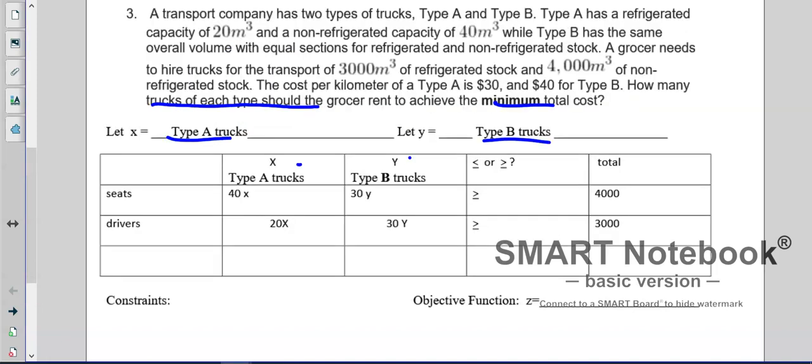All right, I just realized there was a mistake when I was changing problems. Sorry. This should say refrigerated, and this should say non-refrigerated. I apologize. I probably have already told you in class. But basically it says type A has refrigerated capacity of 20 and non-refrigerated capacity of 40.